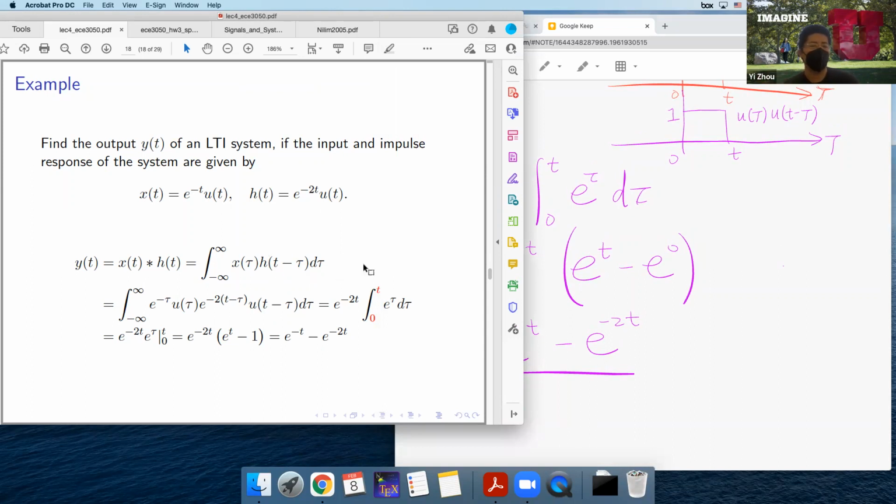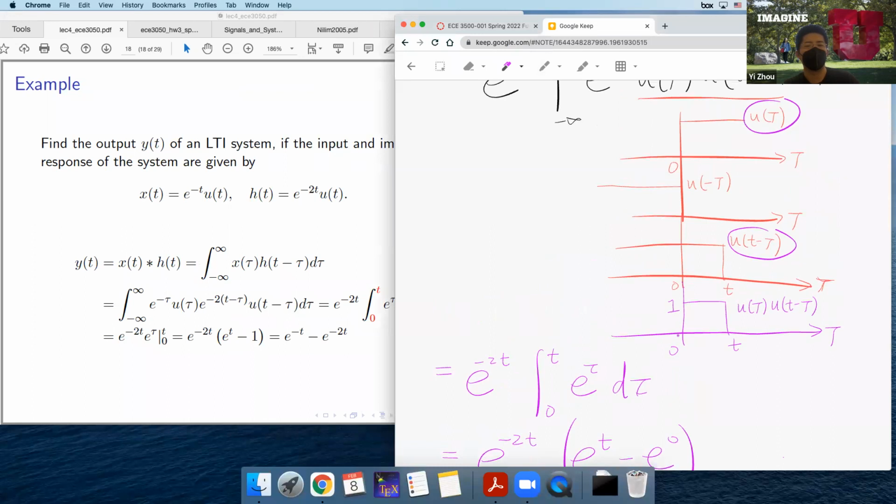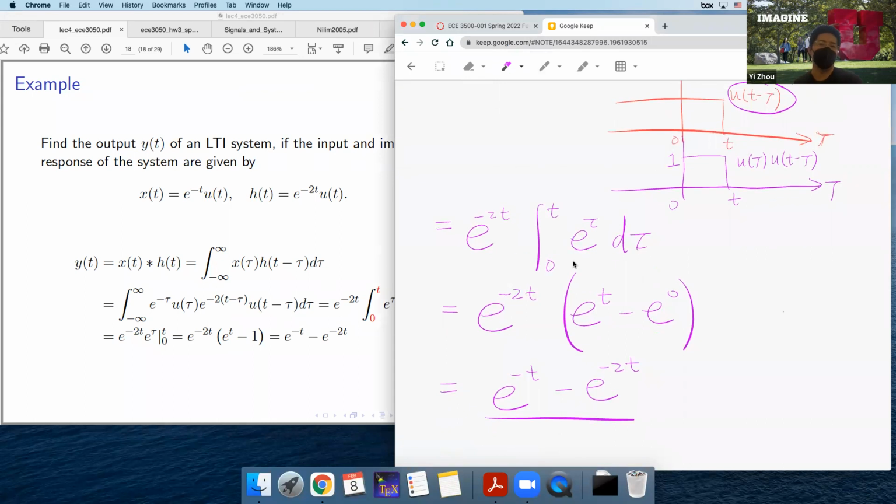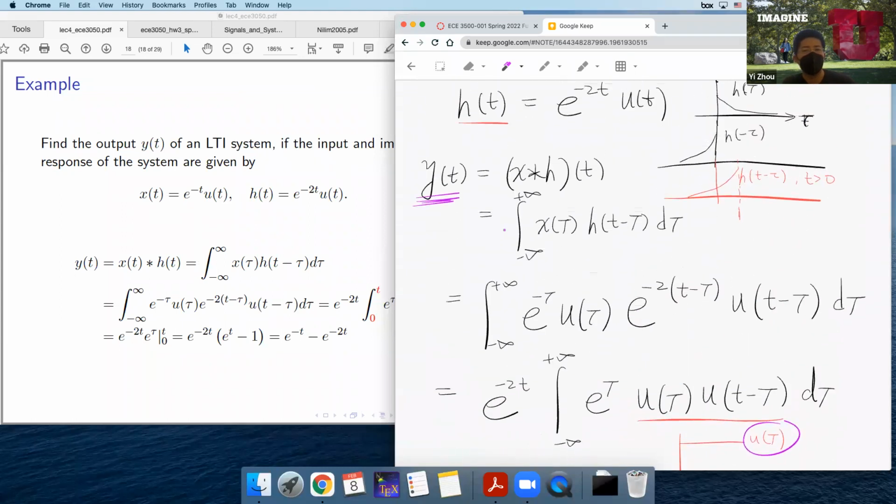And you need to realize that the product of two unit step function signals will, in this case, produce a window signal. And after that, you end up with a standard integration over tau. So integrate over tau. The final expression you will obtain is something dependent on t only, and that is reasonable because you are looking at y(t), the output signal evaluated at time t.